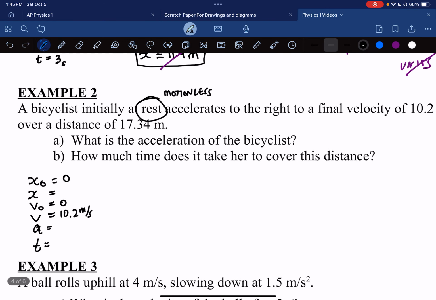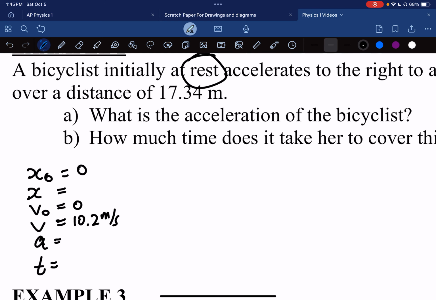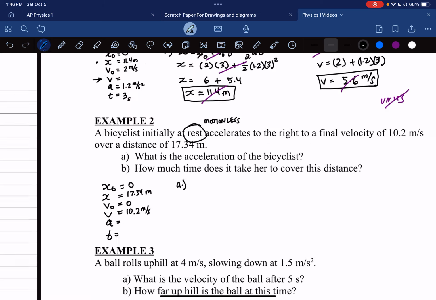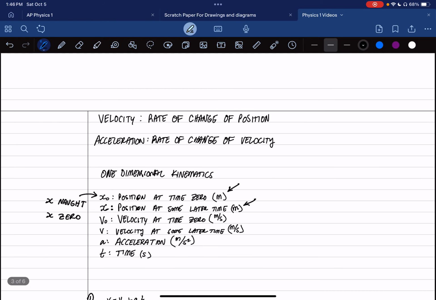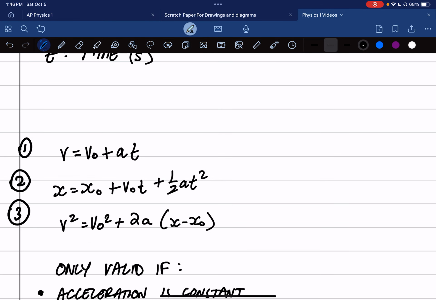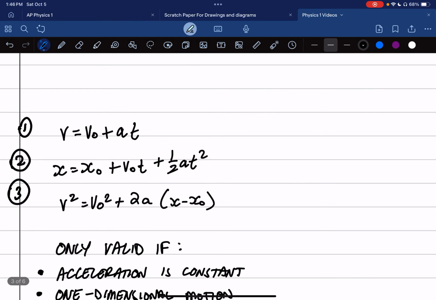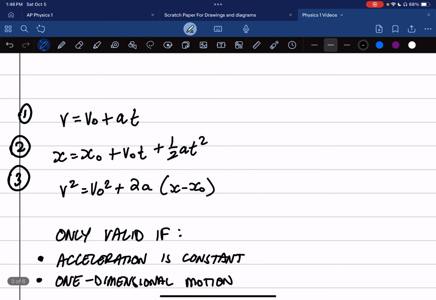And I think, oh, we have one more. A distance of 17.34 meters. Cool. Question A, what is the acceleration? Now, we need an equation for acceleration, but they all have acceleration. You have it here, here, and here.